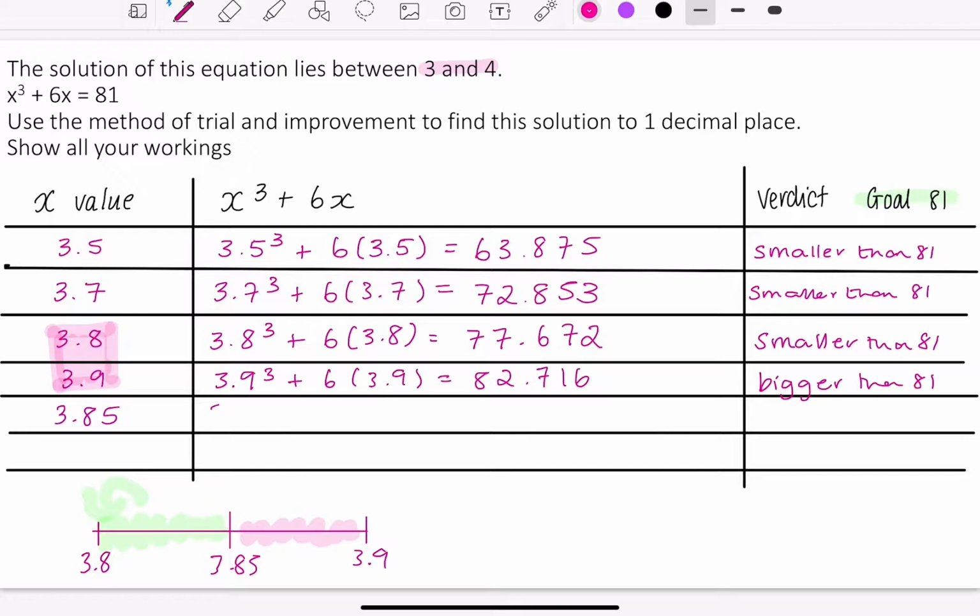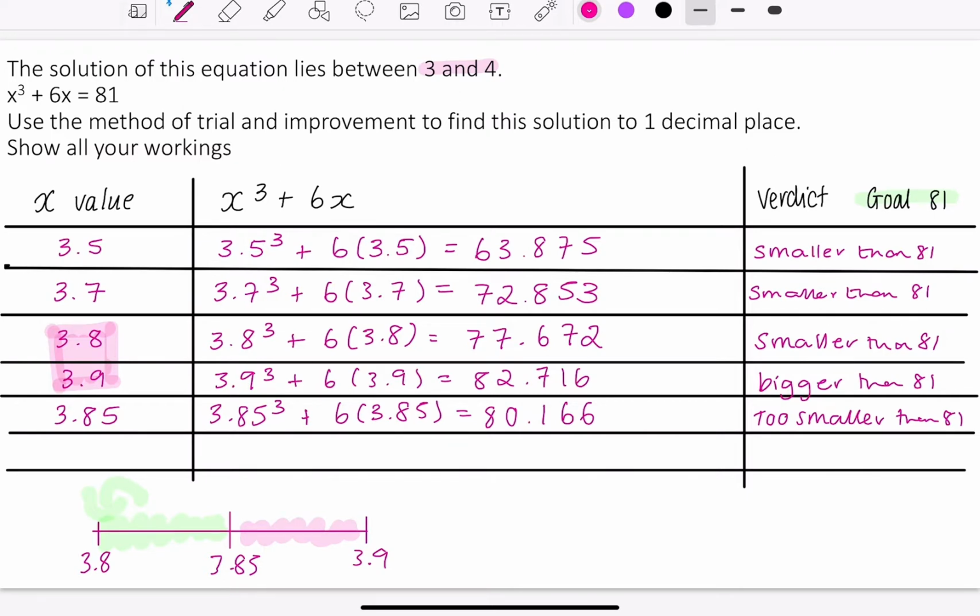So I'm going to get 3.85 cubed, add 6 times 3.85, which is going to give me an answer of 80.166, which is too small, because it's smaller than 81. So, as this is smaller than 81, we haven't quite reached 81 yet.